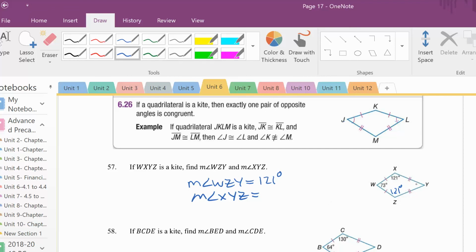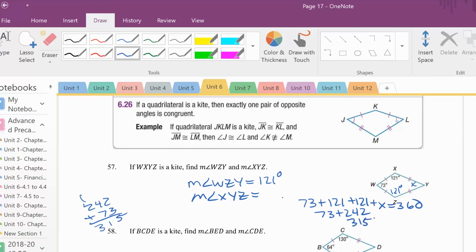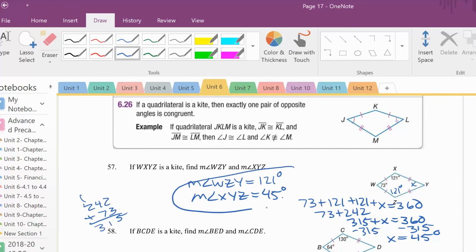If I make that x, then 73 plus 121 plus 121 plus x equals 360. So this is 242 plus 73, so it's 315 plus x equals 360. Then you subtract 315 and you get 45 degrees.